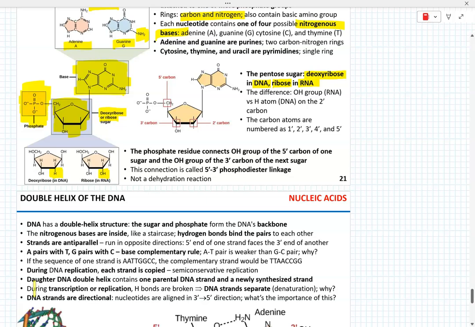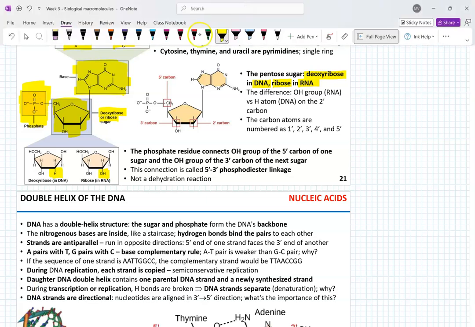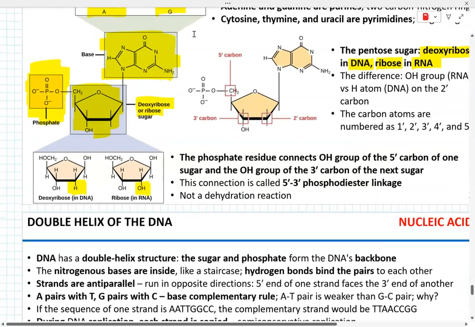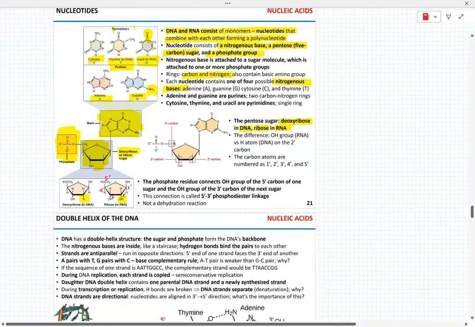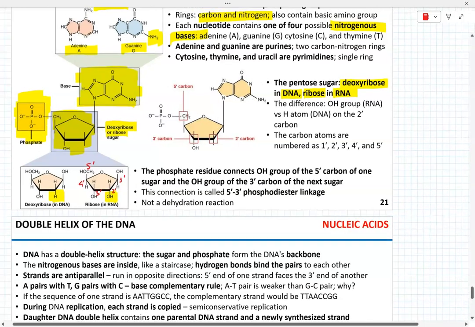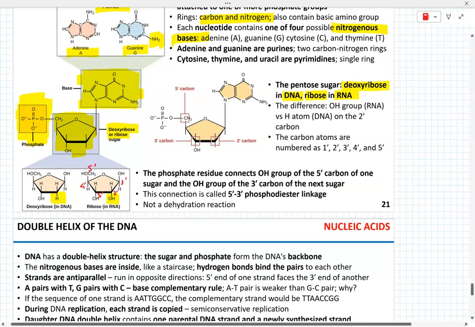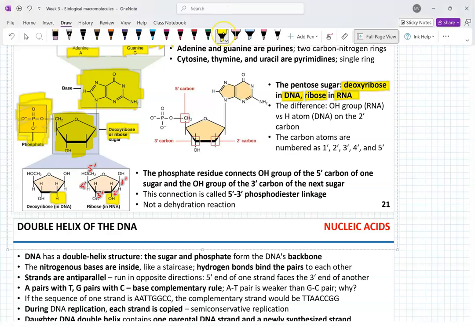The carbon atoms in the pentose sugar are numbered 1', 2', 3', 4', and 5'. You may ask why? Because the numbers 1, 2, 3, 4, 5, and 6 are reserved for the rings in the nitrogenous base.